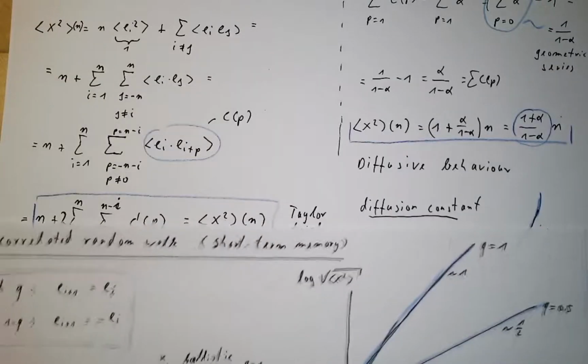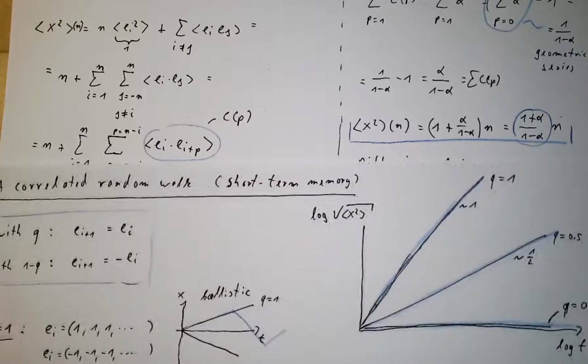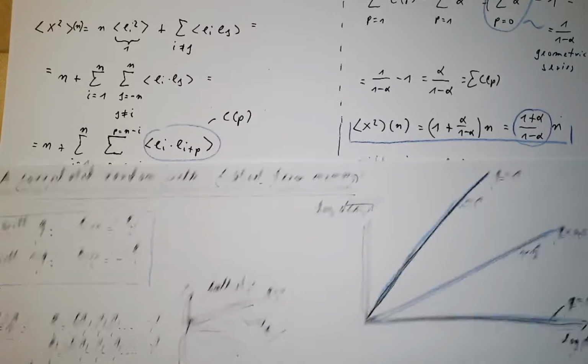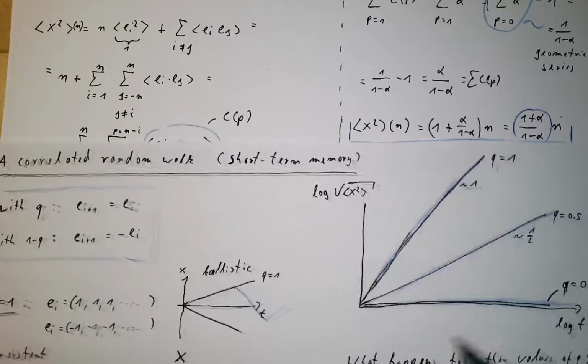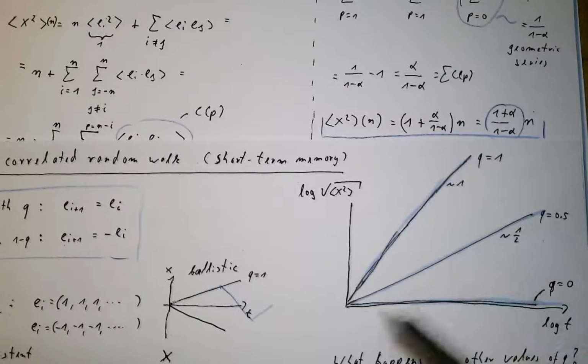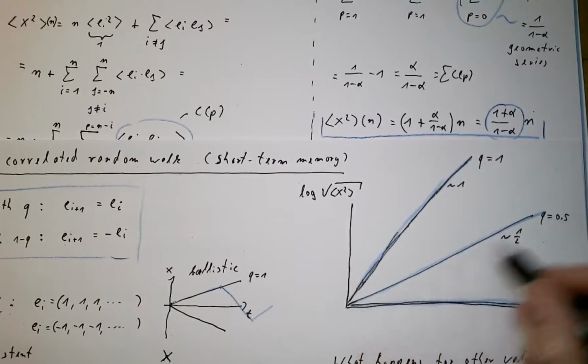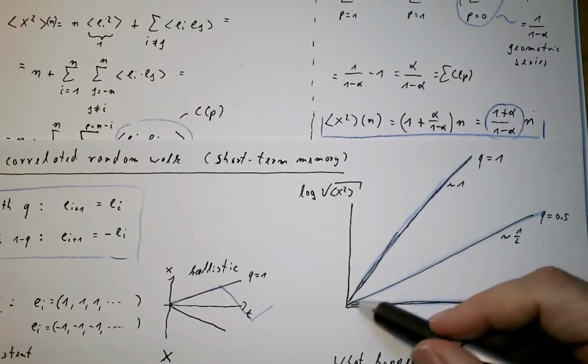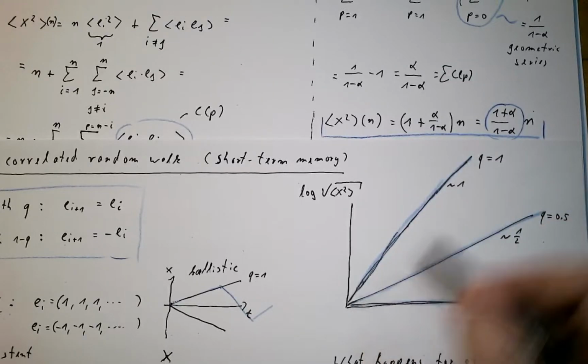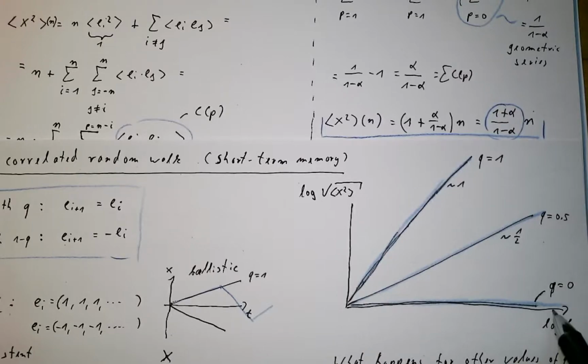But now there is a puzzle. Remember, I said in the beginning, when we started with this process, we made some educated guess what would be the mean square displacement. And for q equal 0.5, which corresponds to alpha 0, we had our normal diffusion. But here we say, here we go with slope 1, and here we go with slope 0.